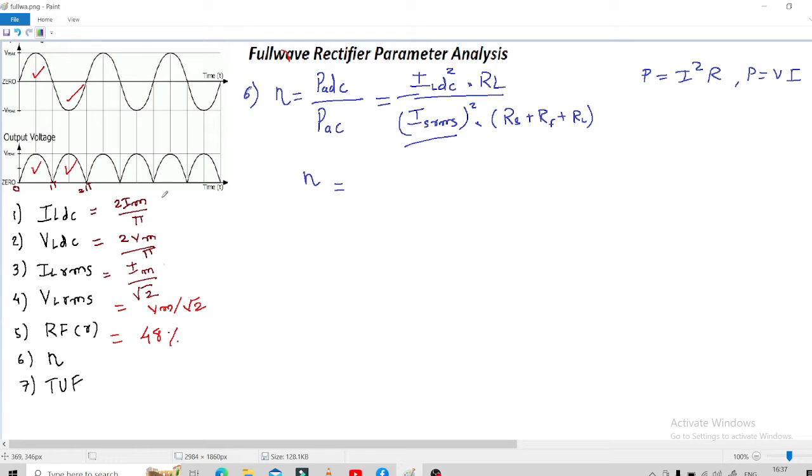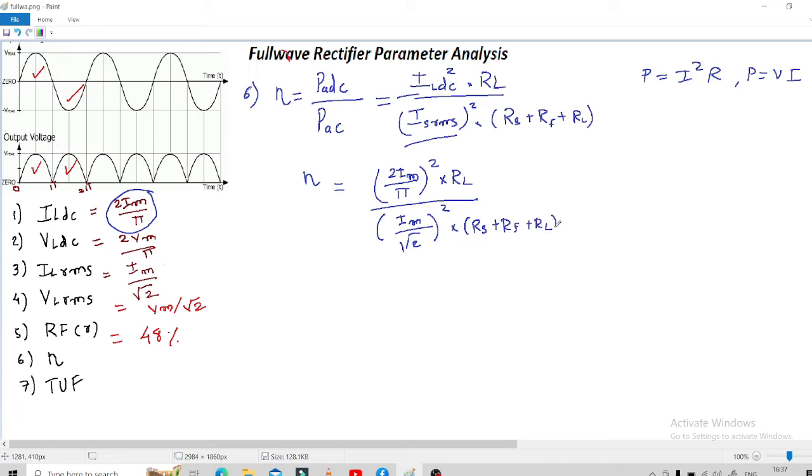So okay, what is ILDC? Here we have got this formula. So this is nothing but 2 Im upon pi bracket square into RL, whole divided by Im under root 2 bracket square into RS plus RF plus RL.